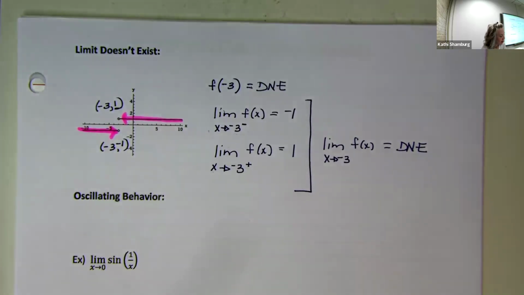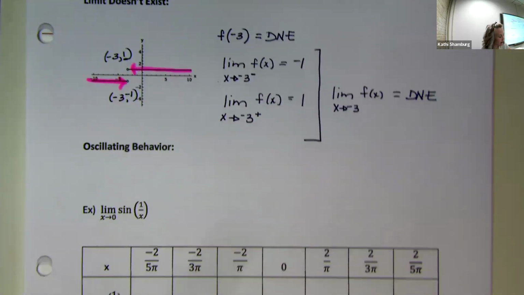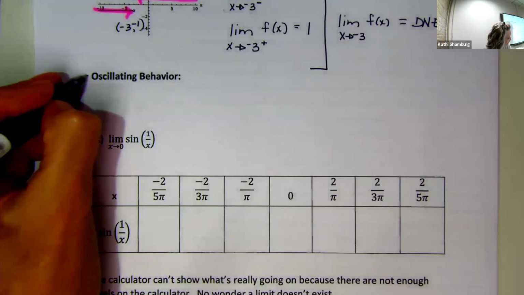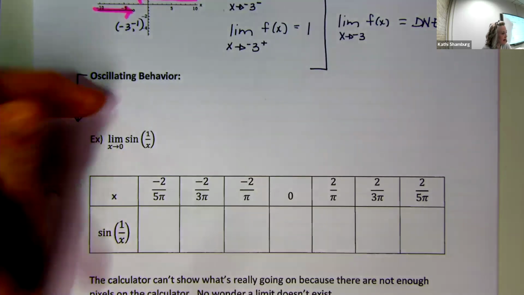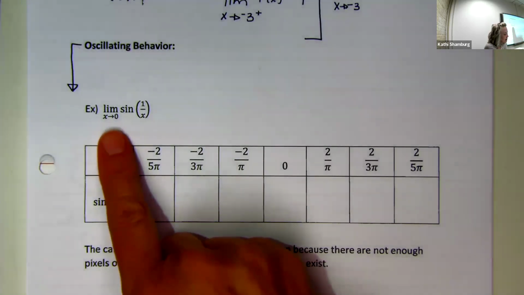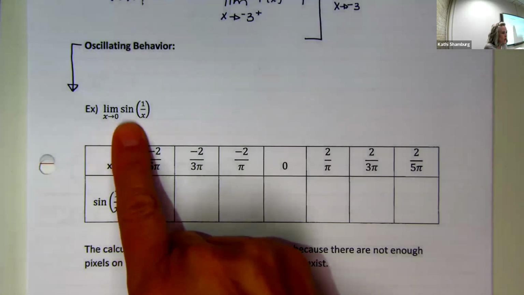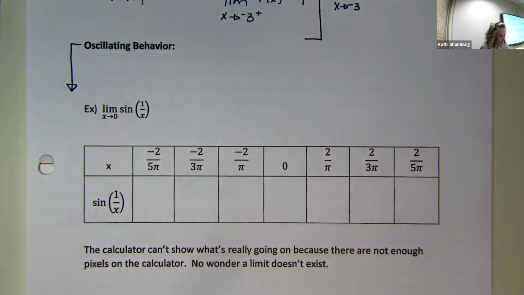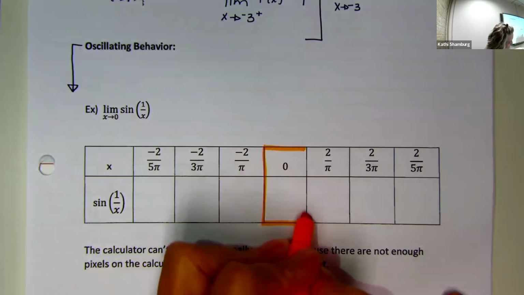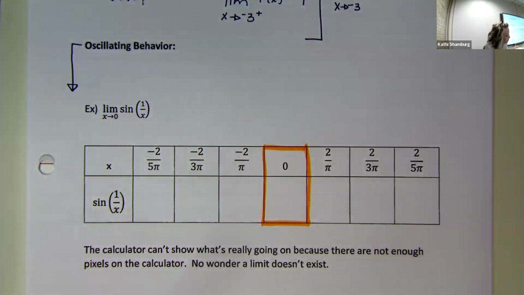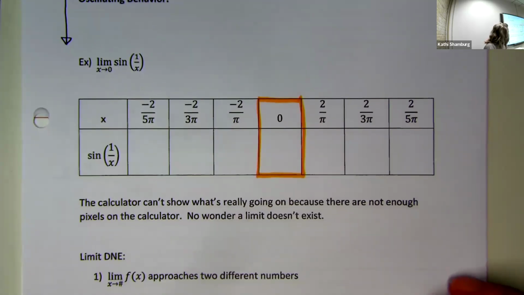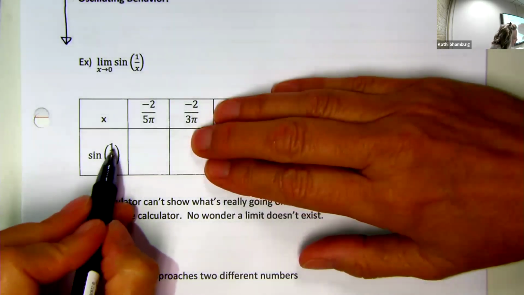Okay. All right. This is a unique situation. This goes down here with this example. Okay. So the limit as x approaches 0 of sine 1 over x. So we want to know as x approaches 0. Technically here's what's going on, and then I'm going to give you the numbers, and then I'm going to show you in Desmos. This is 1 over x.